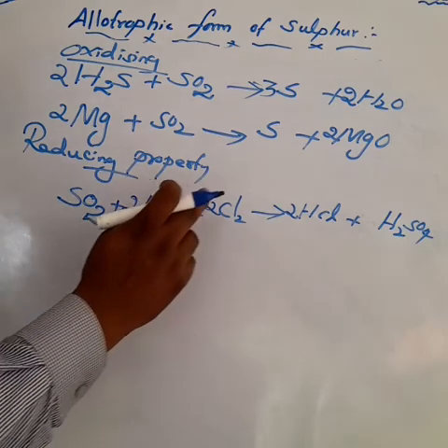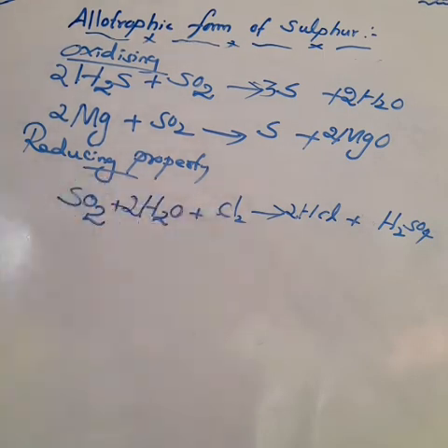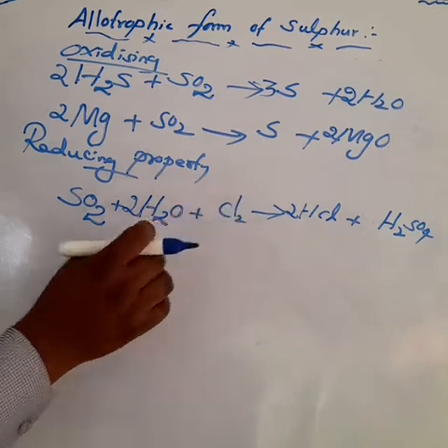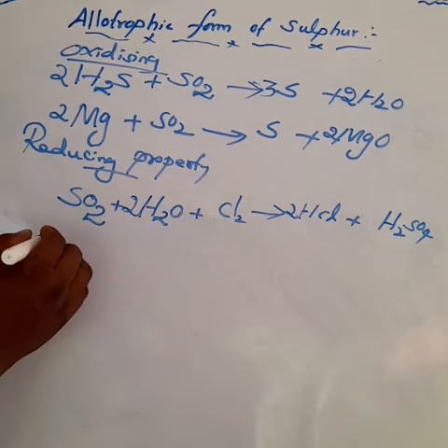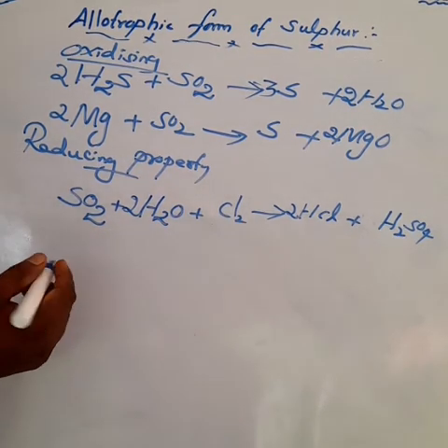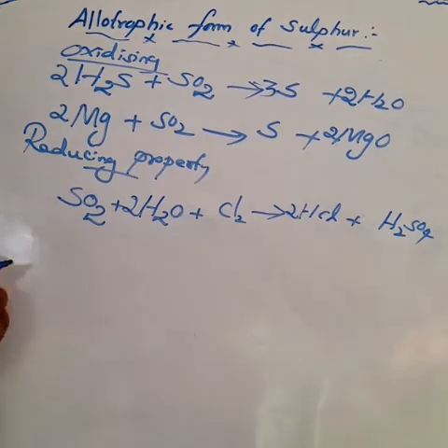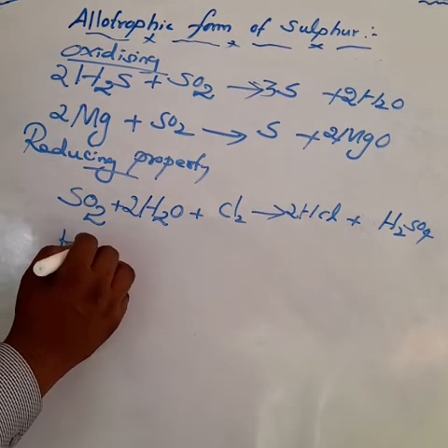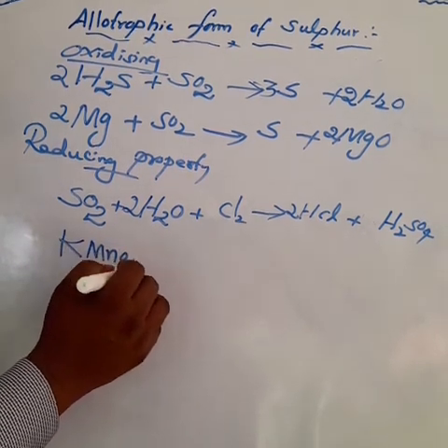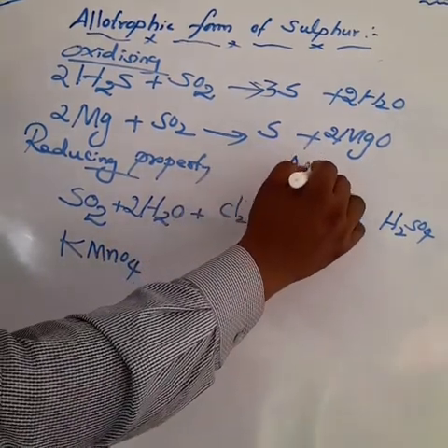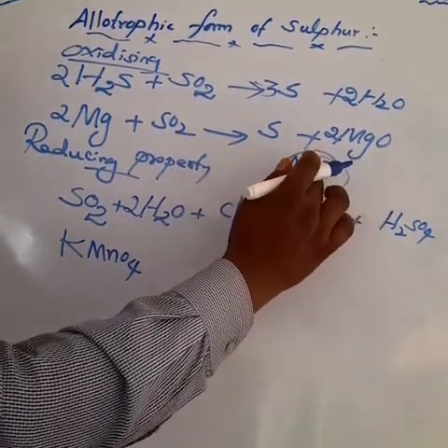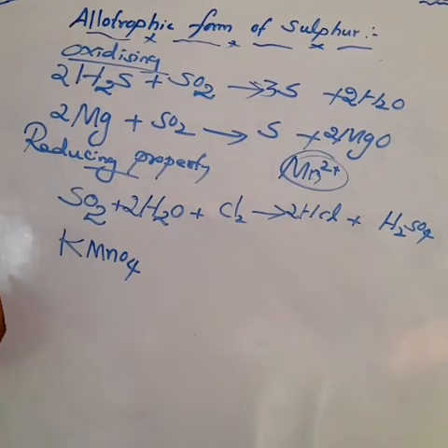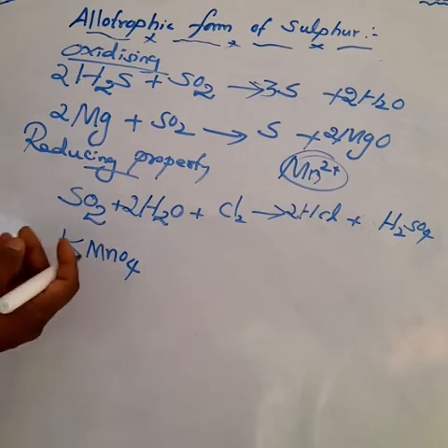Next one of the questions. Sulfur dioxide reduces potassium permanganate into Mn2+ ions. Otherwise, we can say MnSO4, manganese sulfate. And one more reduction.